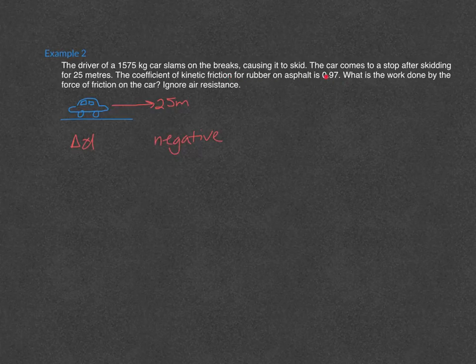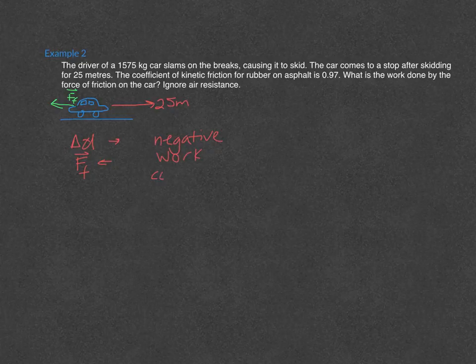So it's the friction force that's stopping it because it's skidding and causing friction. So there's a backwards friction force stopping it. We don't know what that friction force is, so we'll have to figure that out. So our delta d is forwards, our force of friction is backwards, so that's negative work.